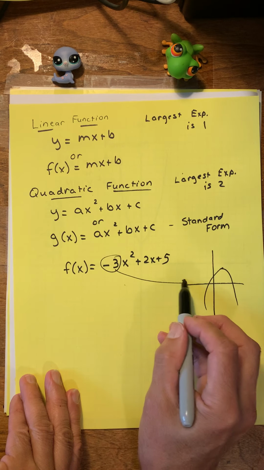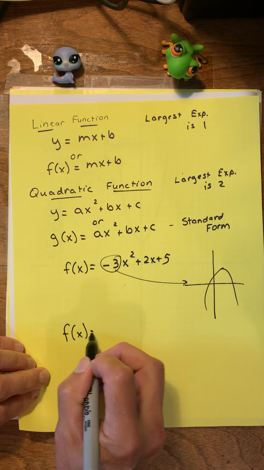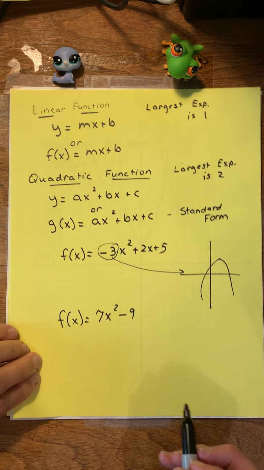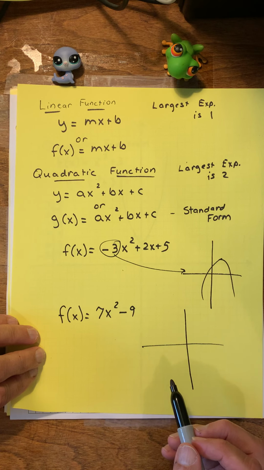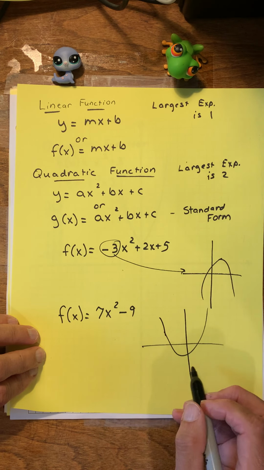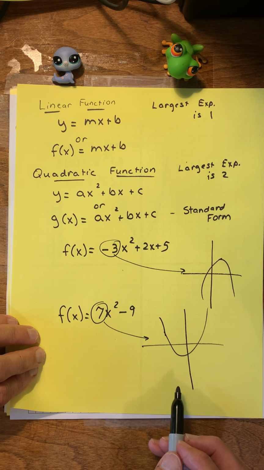Because of the negative 3, the number in front of the x squared. If you had an f of x equals 7x squared minus 9, then whatever it looks like, we'll pick some points and find out what it looks like, it's going to be an upward turning parabola. How do I know it's upward turning? Because the number in front of the x squared is positive.